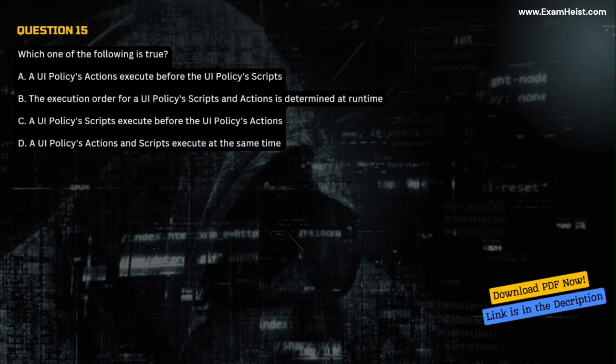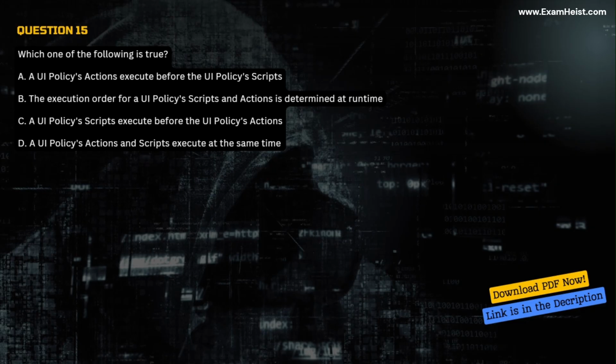Question 15. Which one of the following is true? A. A UI policy's actions execute before the UI policy's scripts. B. The execution order for a UI policy's scripts and actions is determined at runtime. C. A UI policy's scripts execute before the UI policy's actions.